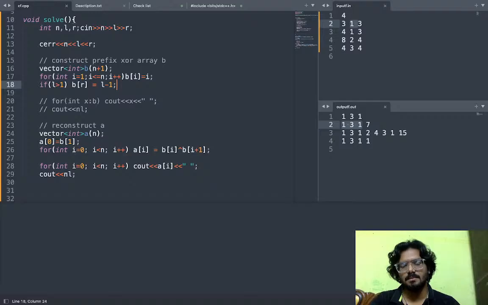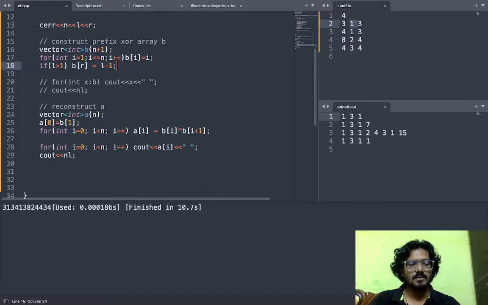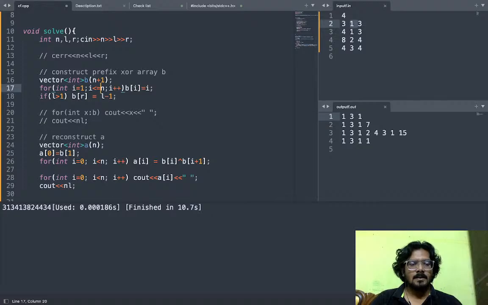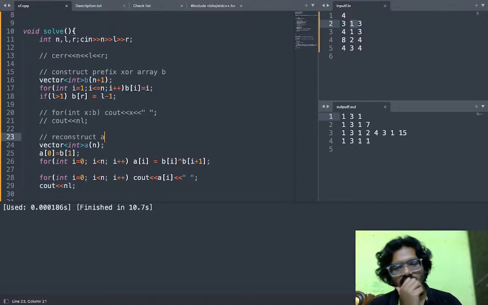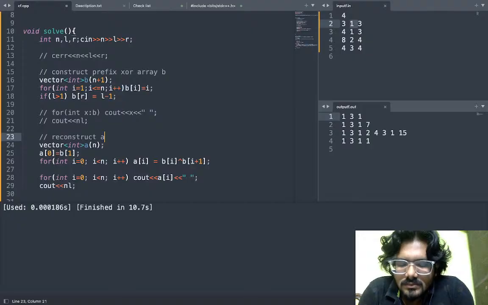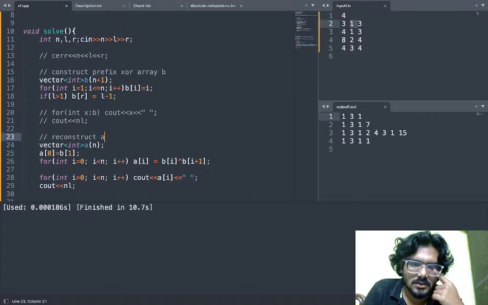I think it will be the same. I'm getting the wrong answer. Am I doing anything wrong in the reconstruction?